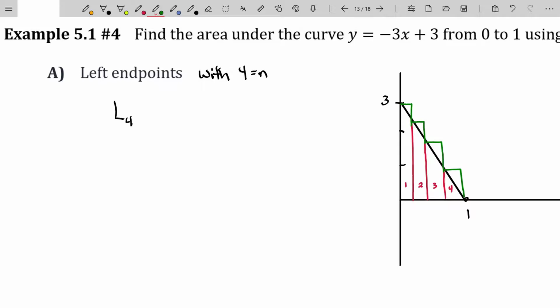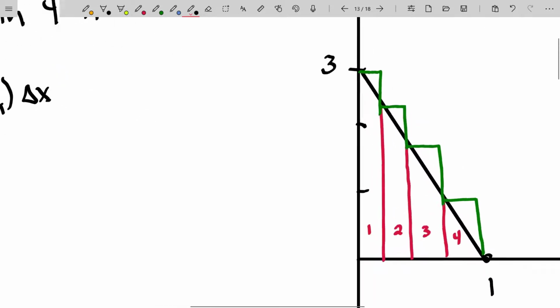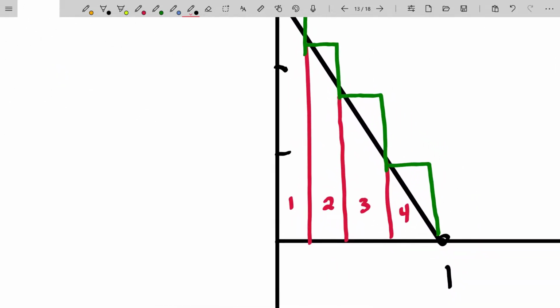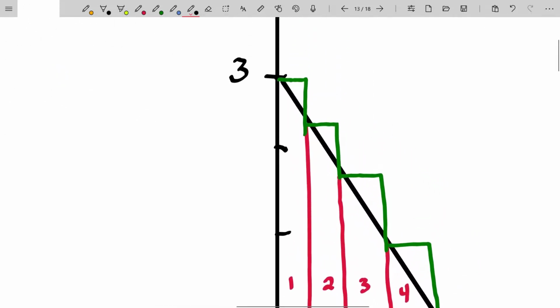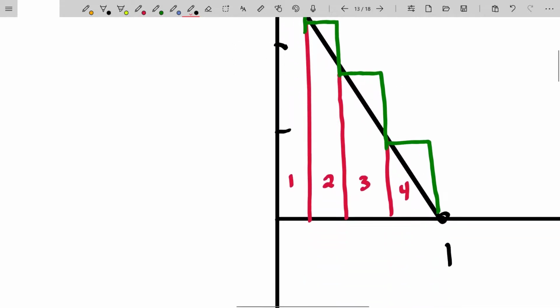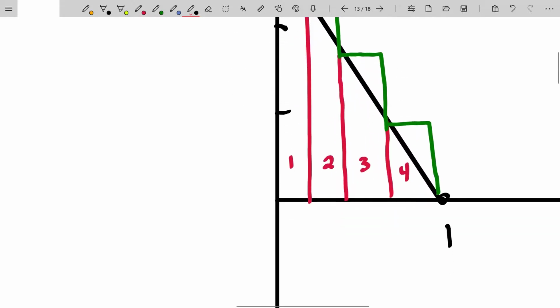Remember, the formula, the Riemann sum for the left edges is going to be this: the summation i equals 1 to 4 of f of x sub i minus 1 times delta x. It's i minus 1 because in the first slice here, you're using x sub 0. That's x sub 0.